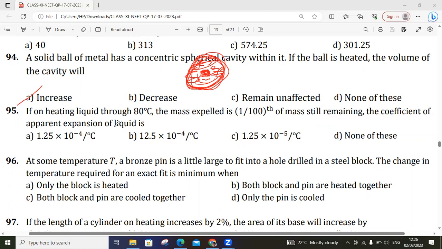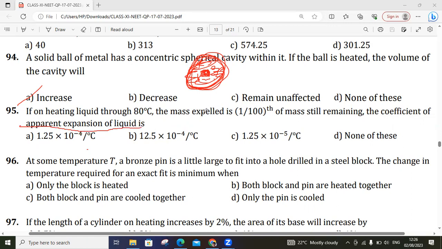Right. If on heating a liquid through 80 degrees Celsius, the mass expelled is this much, of the mass still remaining, the coefficient of apparent expansion of liquid is? Here, apparent volume expansion, I had explained in one more video, in the last chapter. Apparent expansion of liquid I had explained actually.